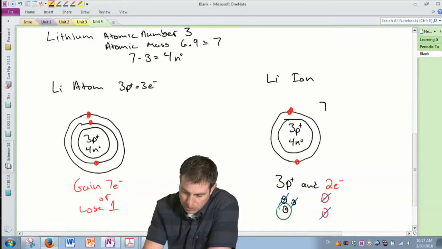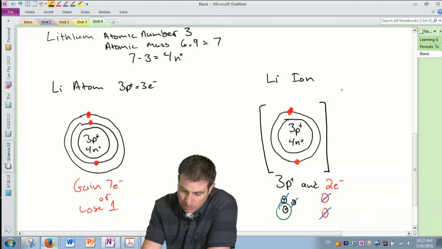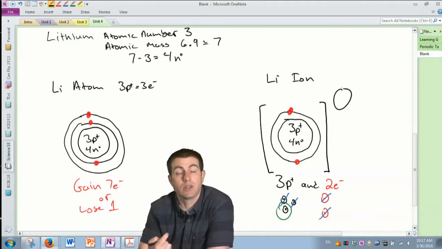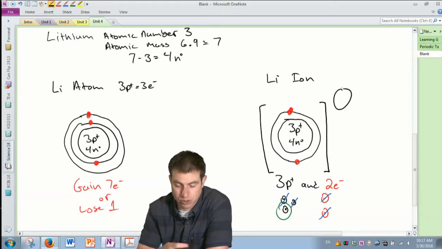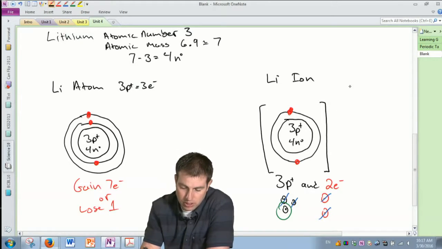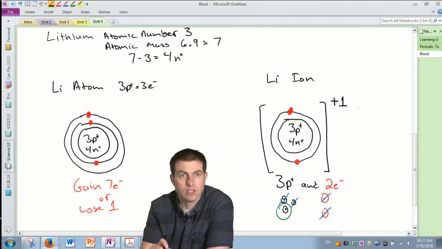So when I draw my ions, so far we haven't done this, but this is a good habit to get into. What we do is we put these giant brackets around it. And up here in the top corner, we write the overall charge that this thing has. So we are saying that this thing has a charge of +1 because it has 1 extra proton. Because it lost a negative charge, it now has an overall +1 charge.